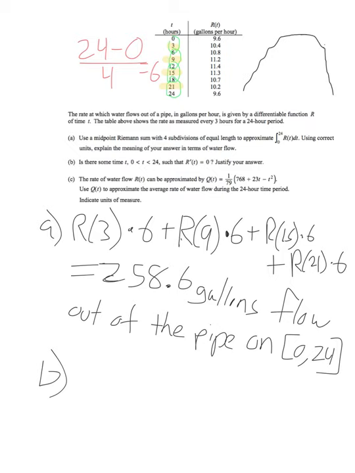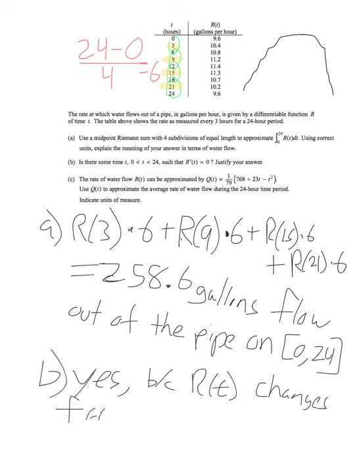So we can just explain that. So we will say yes, because r of t changes from increasing to decreasing, and r is differentiable. I need a little more room here.